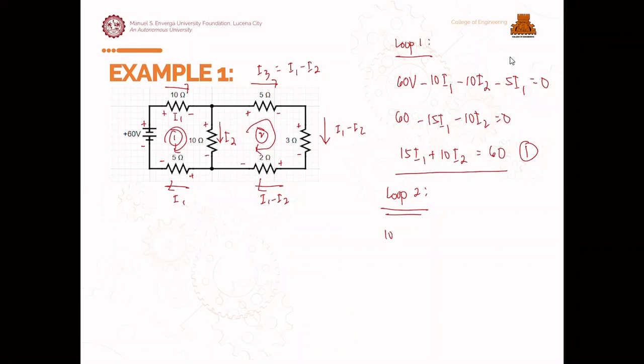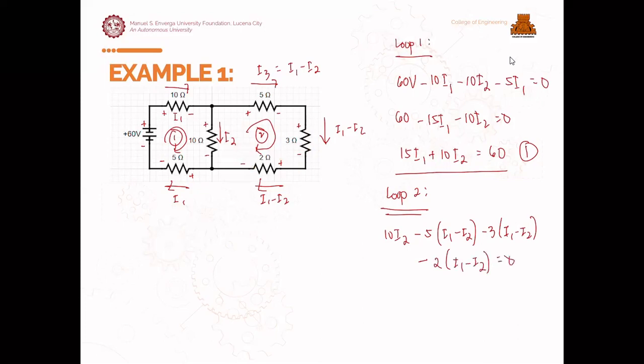Okay? Next is towards negative, so minus 5 times I1 minus I2. Okay? And dito, towards negative, minus 3 times I1 minus I2. Minus, ito, towards negative ulit, 2 times I1 minus I2 is equals to 0.